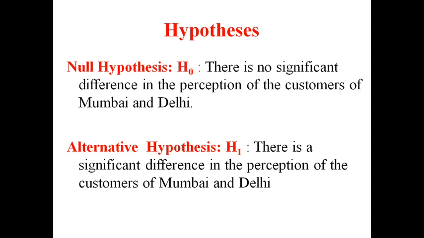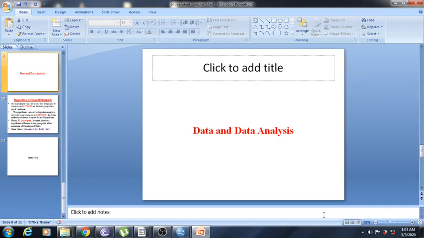Our null hypothesis is there is no significant difference in the perception of the customers of Mumbai and Delhi, and our alternative hypothesis is there is a significant difference in the perception of the customers of Mumbai and Delhi. So now we have to collect the data, and we'll do the analysis by the independent sample t-test.